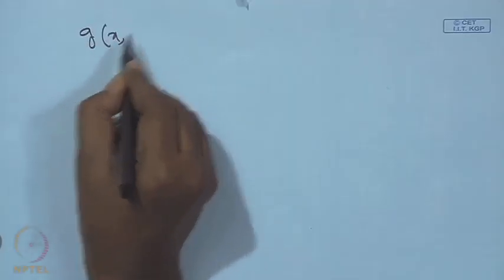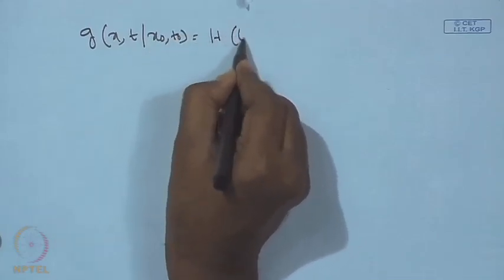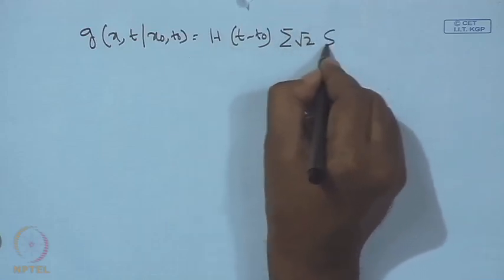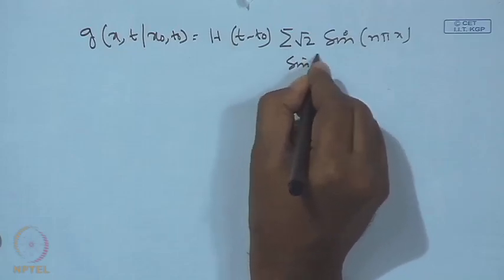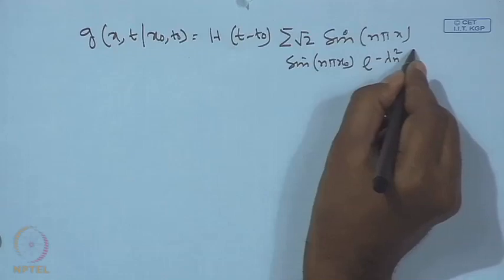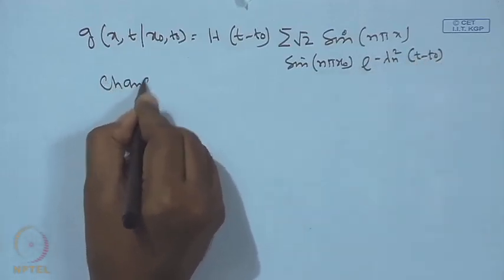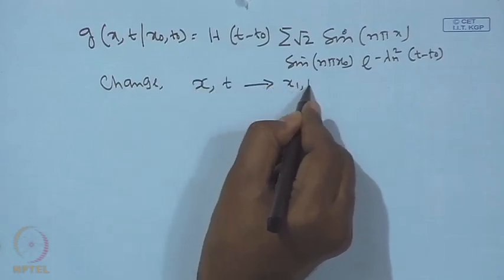If we do that, what we will be getting is as follows. If you remember, the expression of G is equal to H(t minus t naught) summation root 2 sin n pi x sin n pi x naught e to the power minus lambda n square (t minus t naught). Now, we change the nomenclature x t to x 1 t 1.